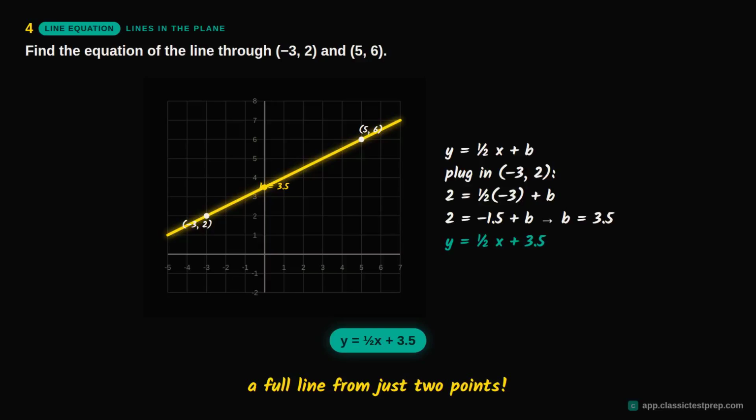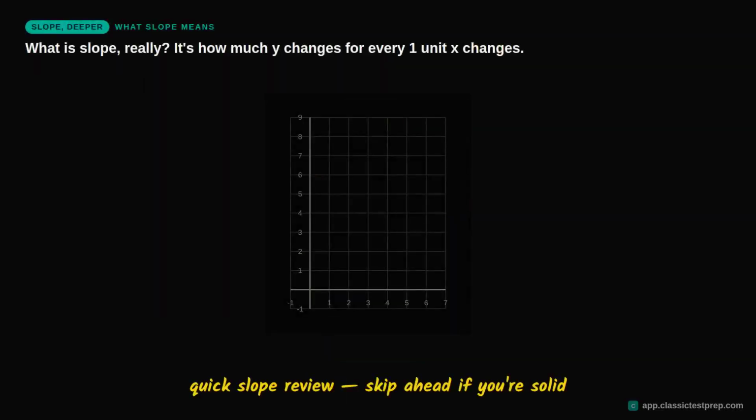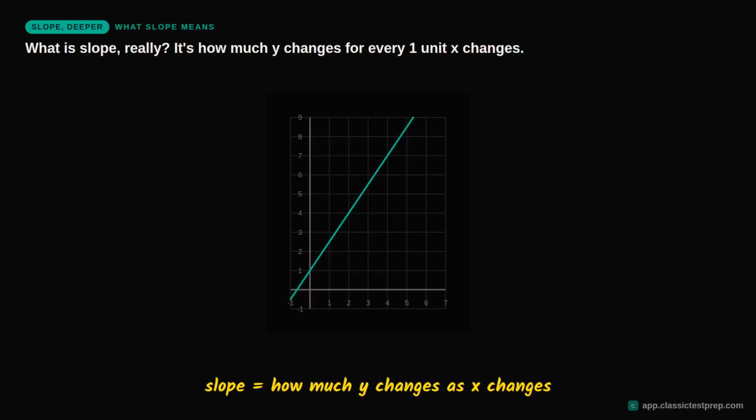All right, we're going to do some basic slope review now that we've done that question, in case you don't understand what just happened. You can skip to the perpendicular lines section if you already understand slope well. But what just happened? What is slope? Well, the slope of a line describes how much the y value of my line changes for every 1 unit my x value changes.